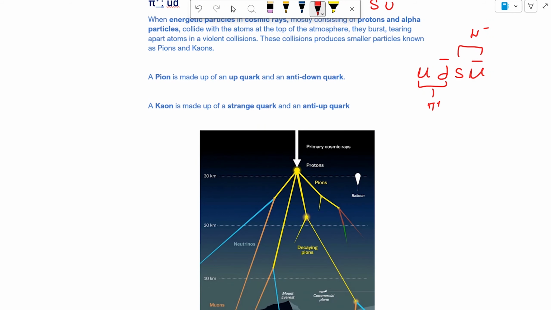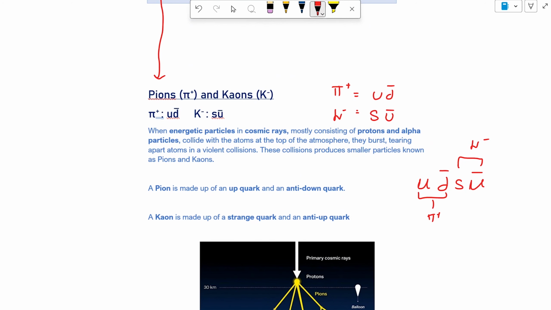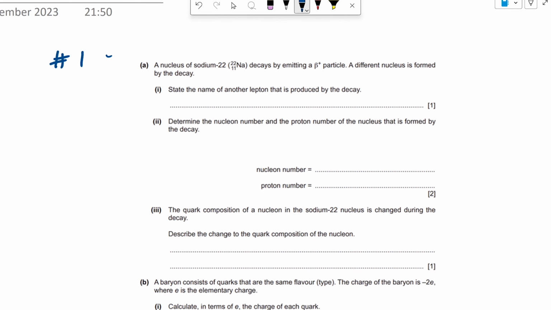Great, so now we can move on to past paper questions. In the first question we have a sodium nucleus or isotope that's decaying to produce a beta plus particle, which is an anti-electron or a positron. State the name of another lepton that's produced.